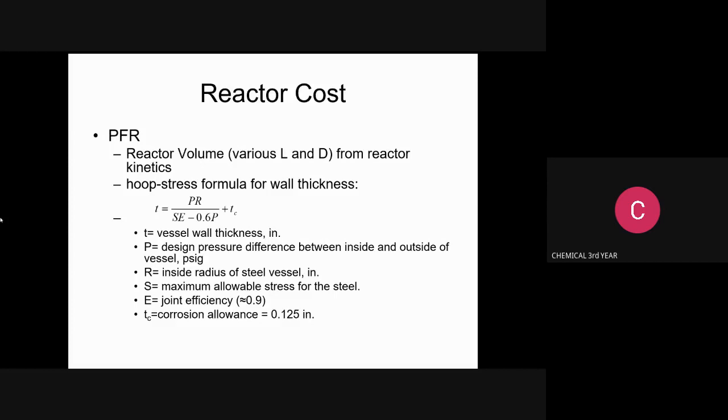So we have to consider the corrosion allowance, which is assumed for the formula as 0.125.